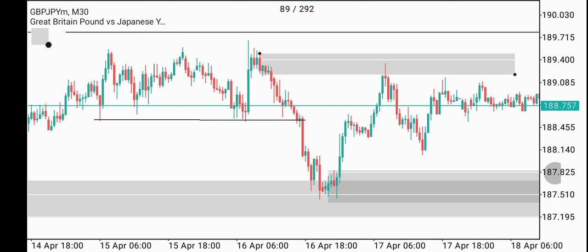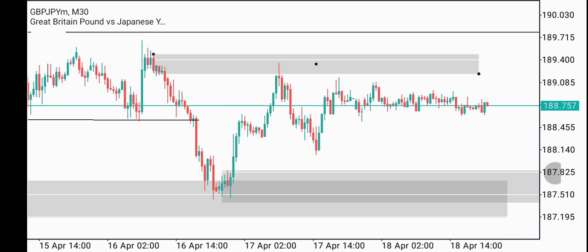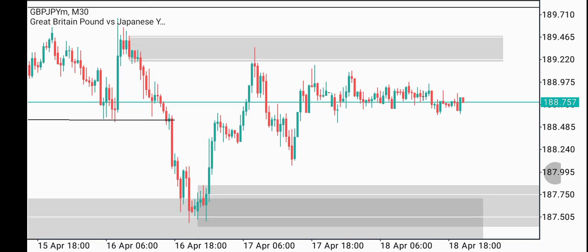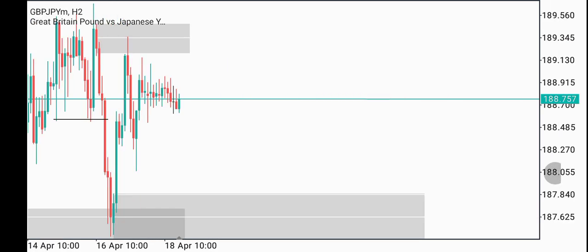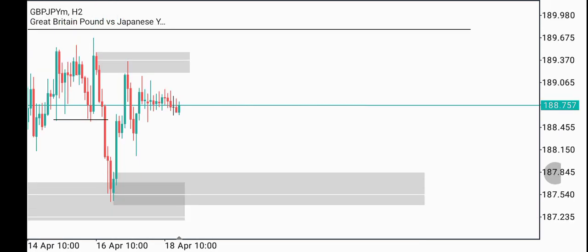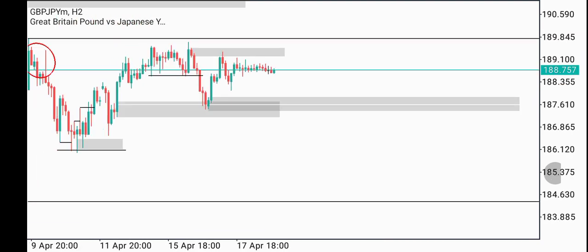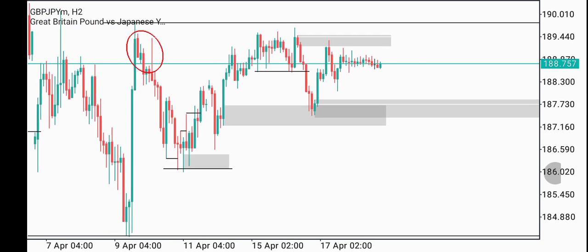The supply zone is right about here. So this is where we are currently, I think. What you can expect is a further drop in price. So wait for next week to have a clear direction.